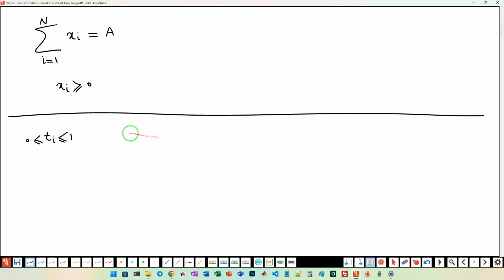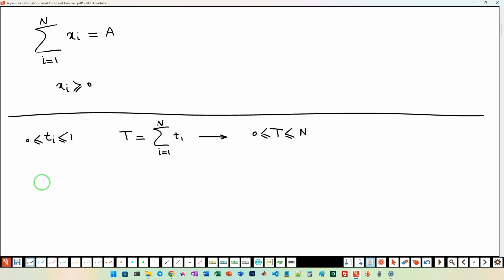If we define t equal to the summation of these t_i, then we can show that this summation is something between 0 and n. So this is a variable which is always between 0 and n, because it is a summation of n t_i variables, and those are between 0 and 1.